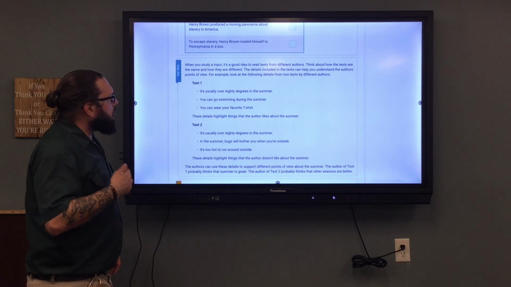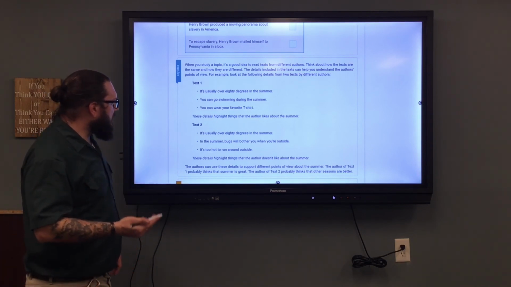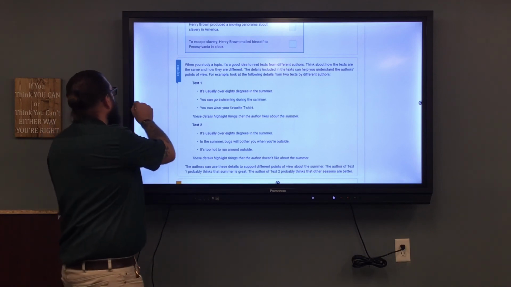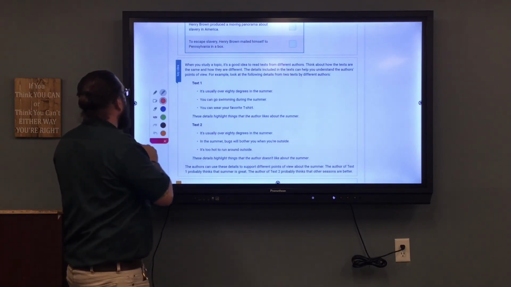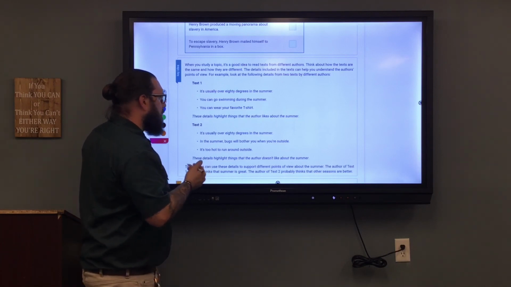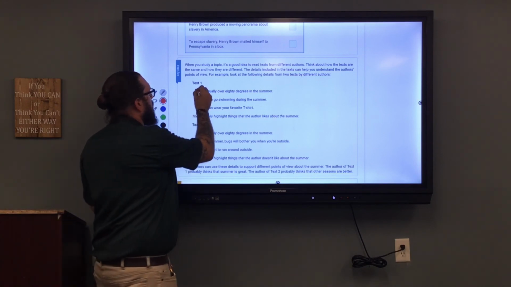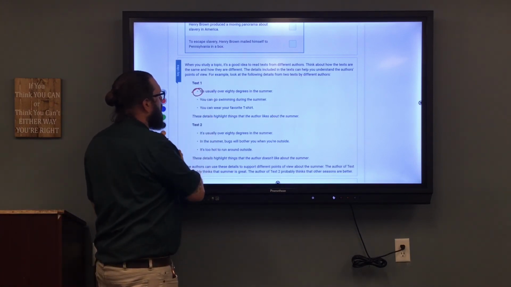So how are their views similar and how are their views different? Well, as you can see, in the first text, there is one point that they both make.